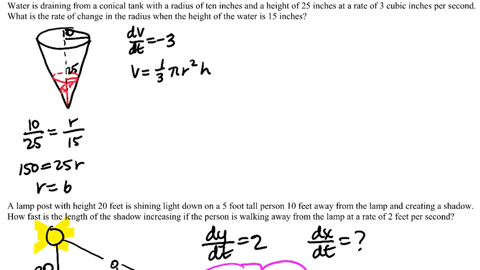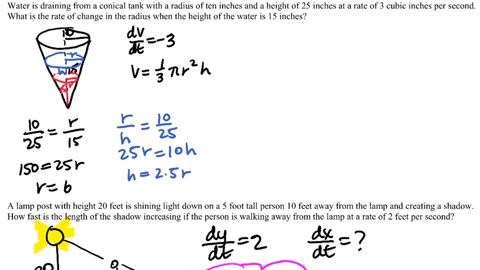Okay, so in general, I've got r is to h as 10 is to 25. So 25r is equal to 10h. And if I'm trying to get rid of h, I'm going to solve for h. So h is equal to 2.5r.